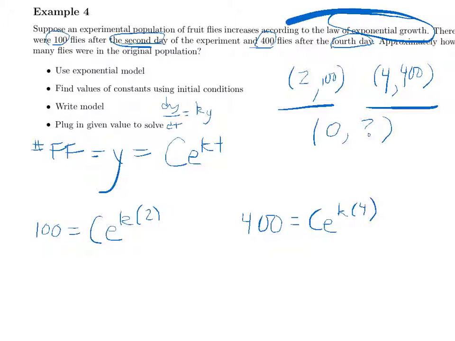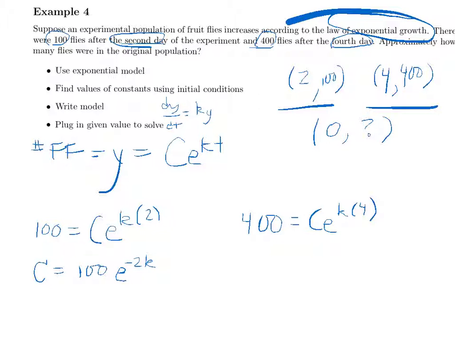Okay, so the basic idea is to solve one variable in terms of the other. Let's solve for c using this equation. So c would be equal to 100 divided by e to the 2k, but dividing by e to the 2k is the same as e to the negative 2k.